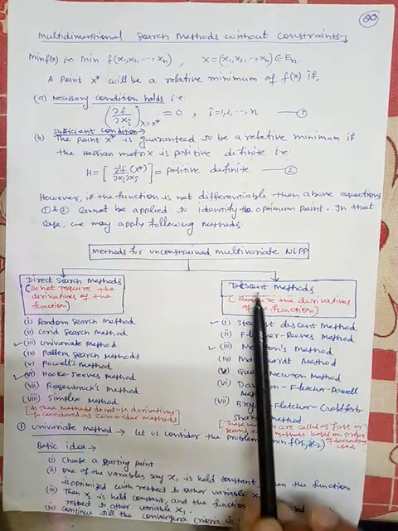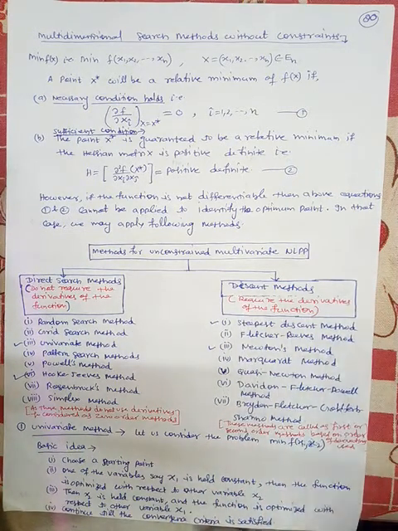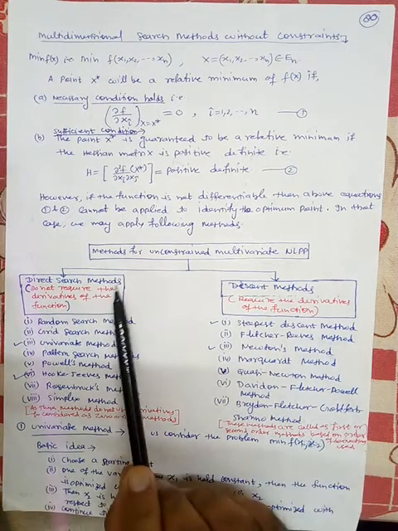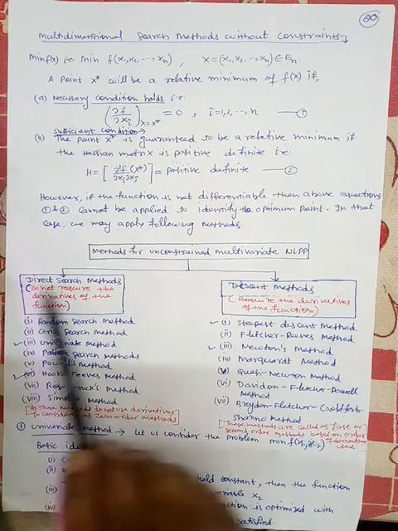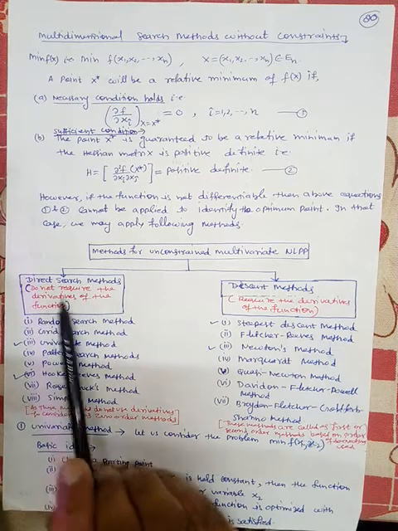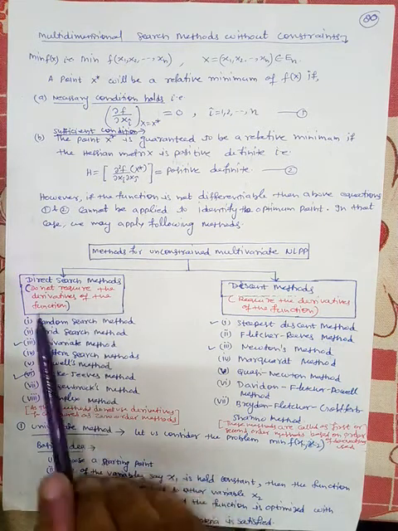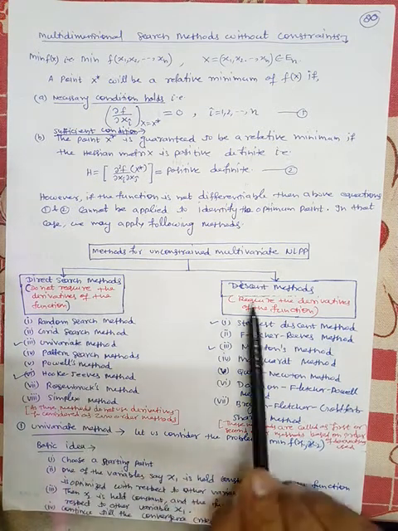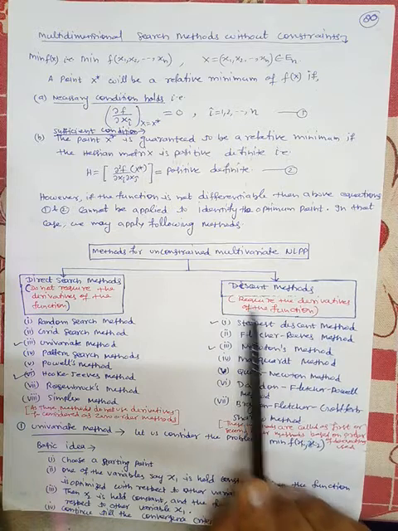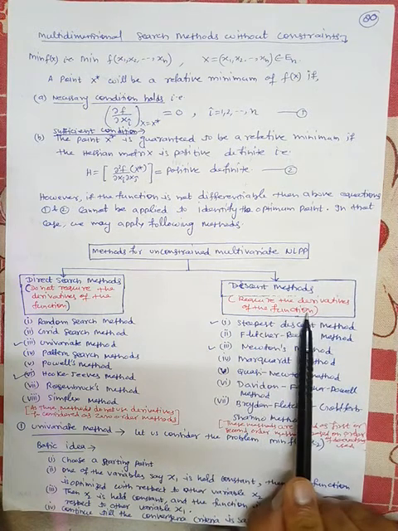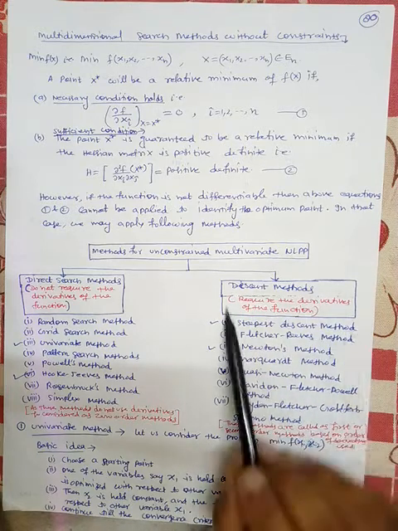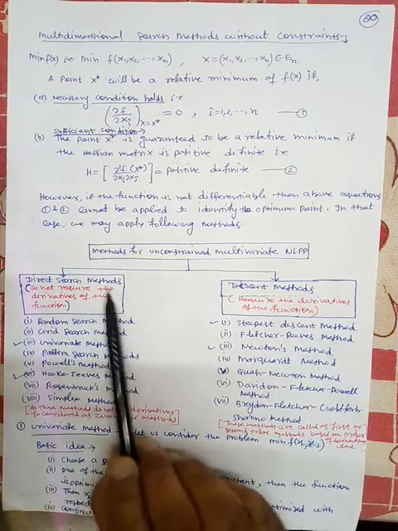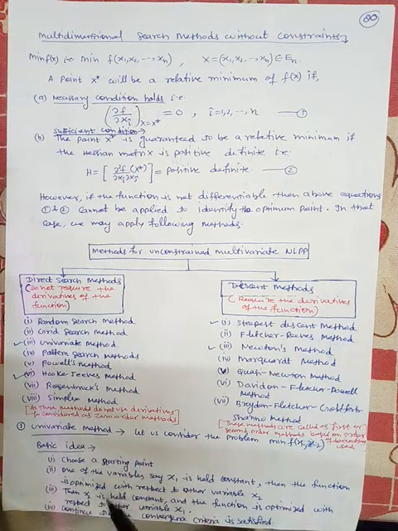In direct methods, we do not use the concept of derivative; they do not require the derivatives of the function. However, indirect methods or descent methods require the derivatives of the function.